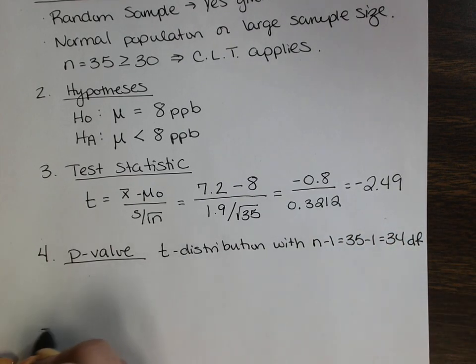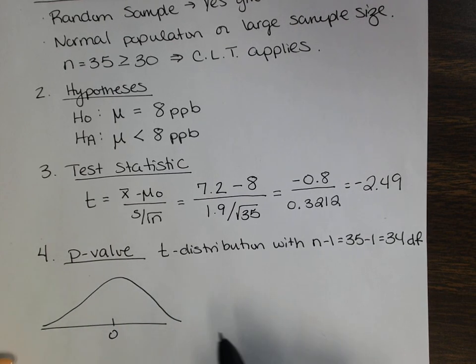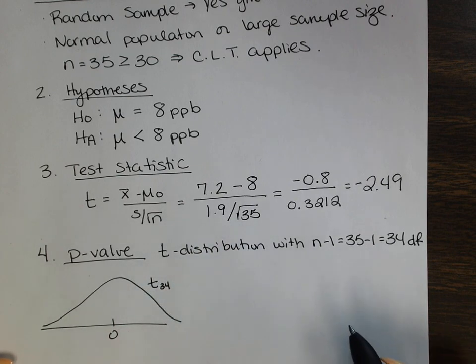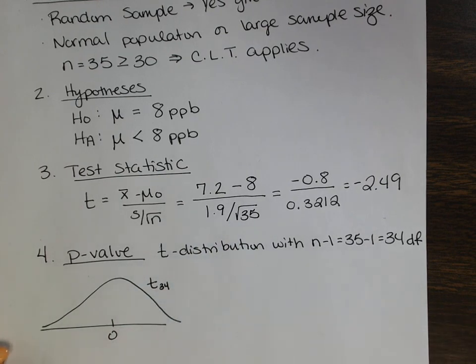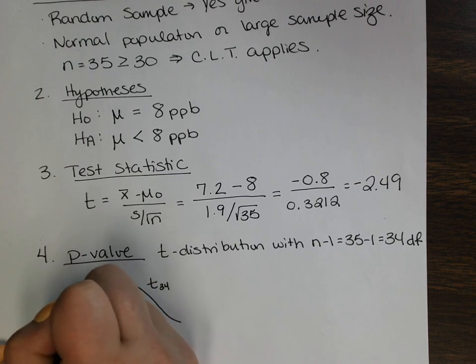So if we were to draw this t-distribution, again, recall that t-distributions are centered at 0. So this is a t-distribution with 34 degrees of freedom. Here we have a left-tailed test, and our test statistic is negative 2.49. So the area to the left here will be our p-value.